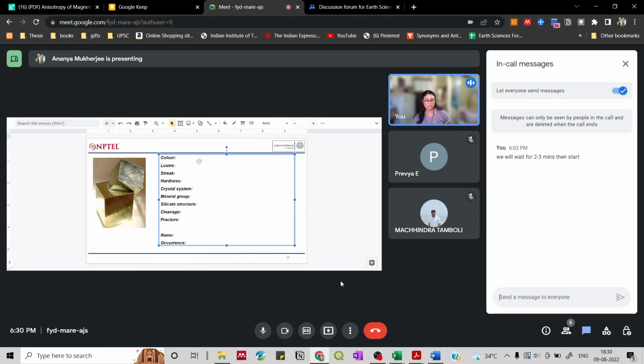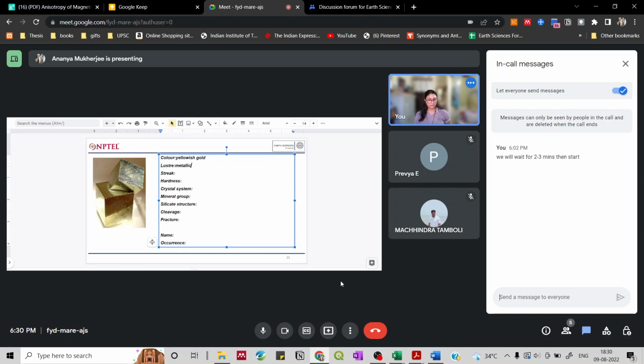Okay, so can you all tell me the color for this mineral? I think yellow or golden. Yeah, so this is a yellowish gold. Okay, so this luster is different. The luster that you can see is like a metal. So we call it a metallic luster.